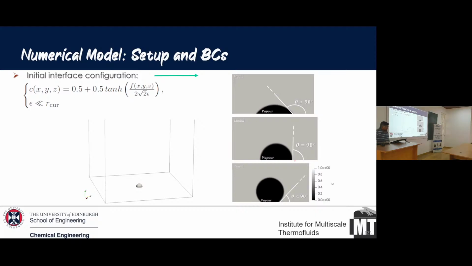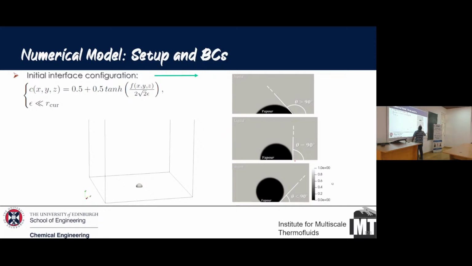Because we are looking at boiling, whereas in evaporation we started from a droplet seed, here we are going to start from a bubble state. So you've got a vapor bubble, and you can go from a hydrophilic surface to a hydrophobic surface.